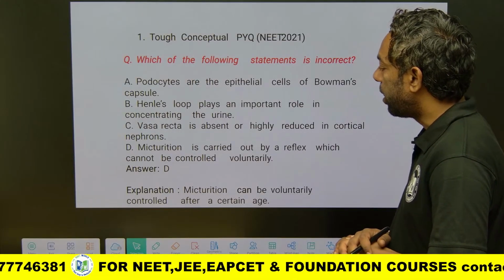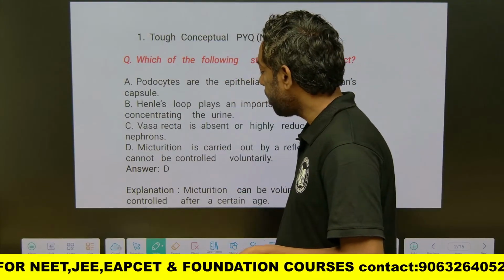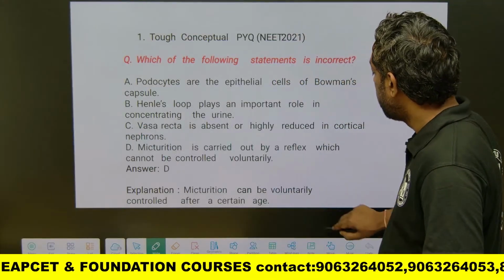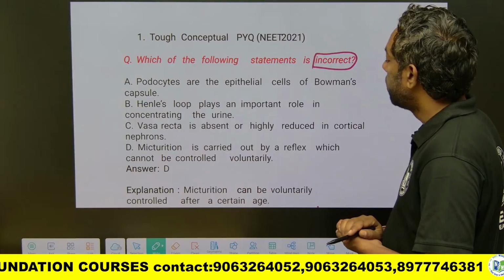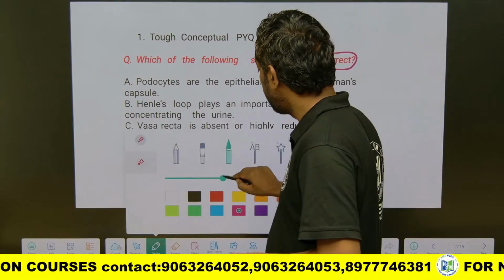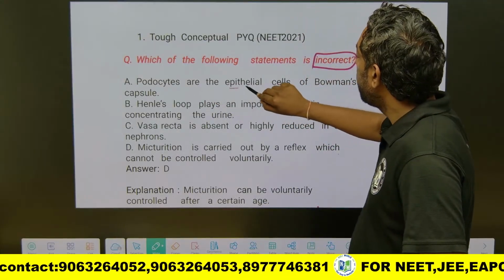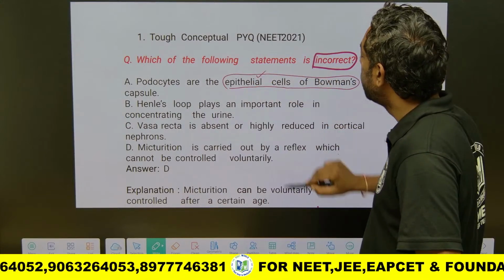Explanation: which statement is incorrect? Podocytes are epithelial cells of the Bowman's capsule, absolutely right.